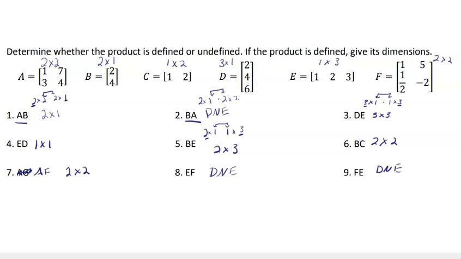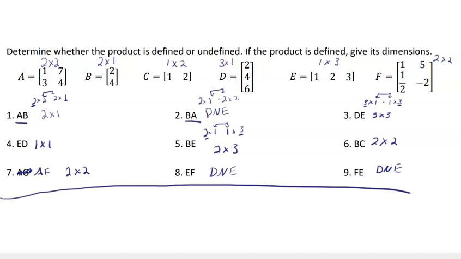If we take real numbers, like 4 times 5, we get 20. And if we take 5 times 4, we get 20, right? They both exist, and they're both the same number. That's because with real numbers, multiplication is commutative, right? Here, with matrix multiplication, A times B is not the same thing as B times A.